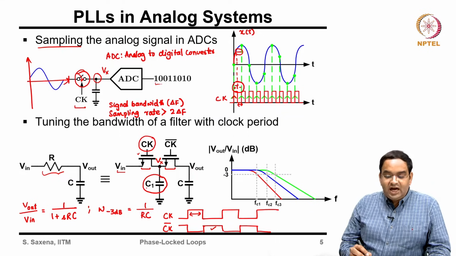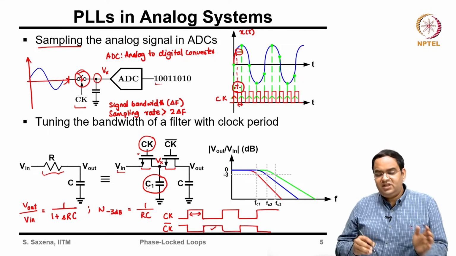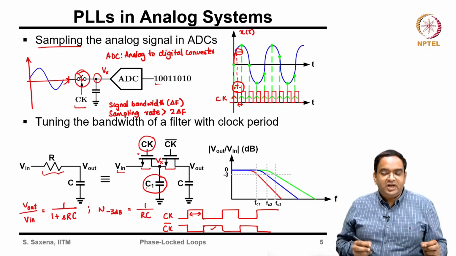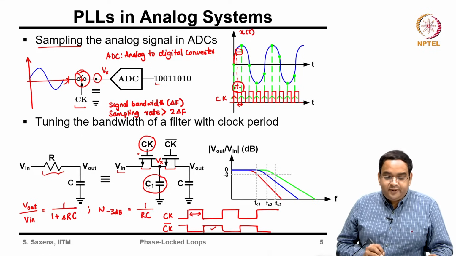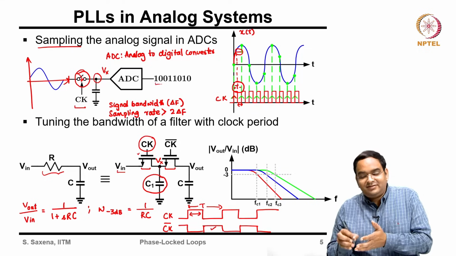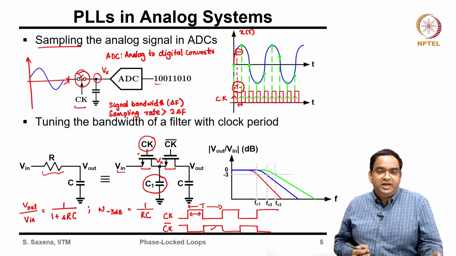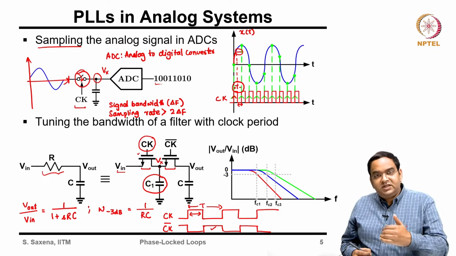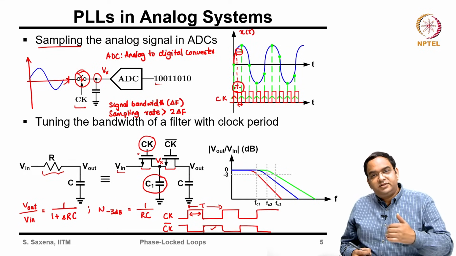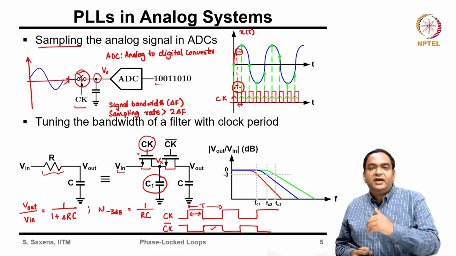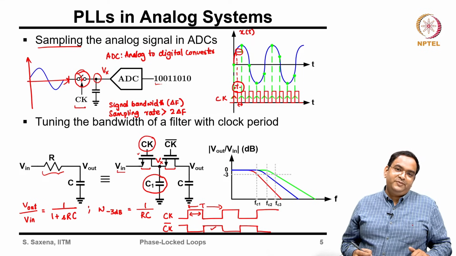So, whatever charge you have on the capacitor C1, that charge gets transferred to C. After doing some maths, which we are not going to do right away, you can find out that depending on this time period t, your capacitor C1 is switched back and forth between Vin and Vout.